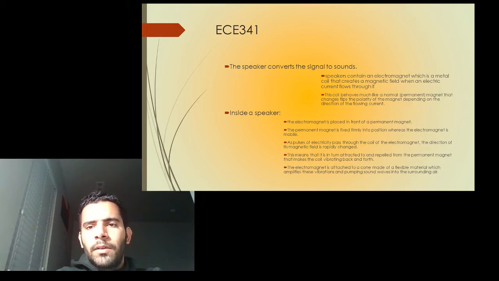The permanent magnet is fixed firmly into position, whereas the electromagnet is mobile. As pulses of electricity pass through the coil, the electromagnet and the direction of its magnetic field are rapidly changed. So this is basically how the KI2 pre-work connected to ECE341.